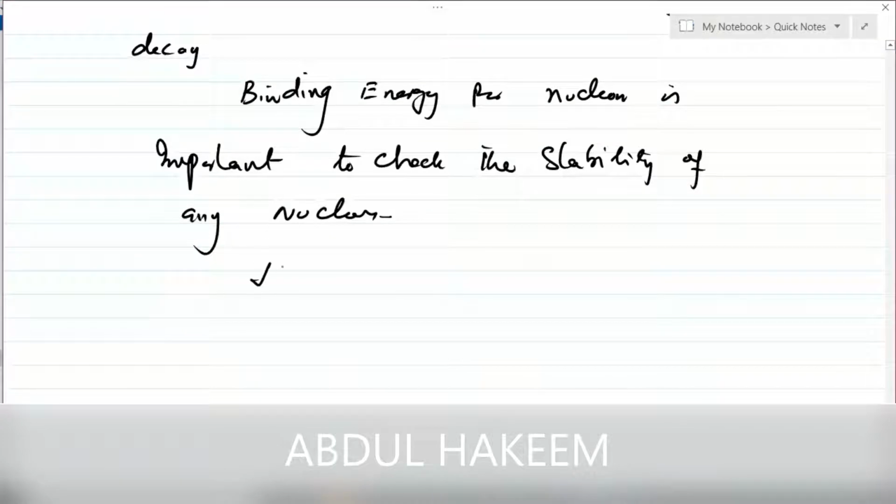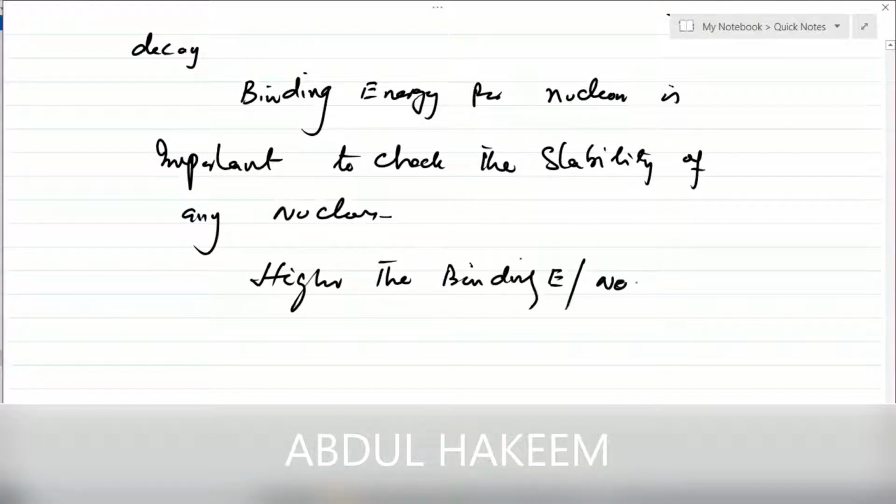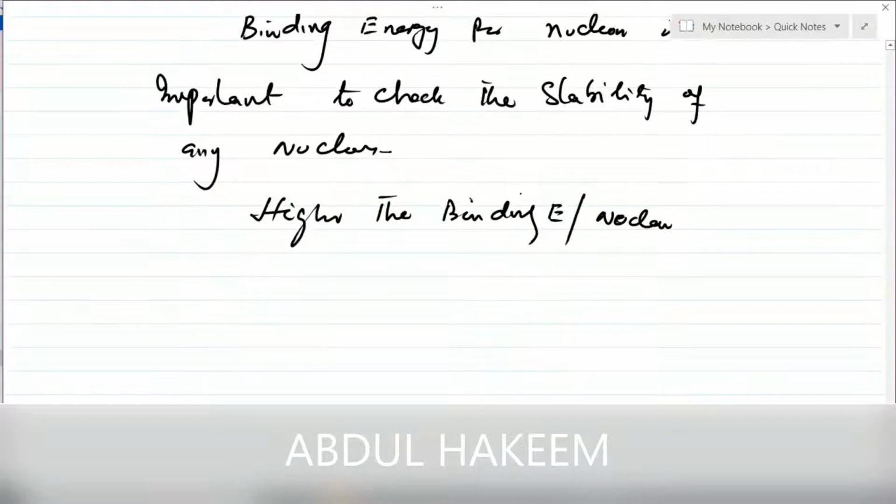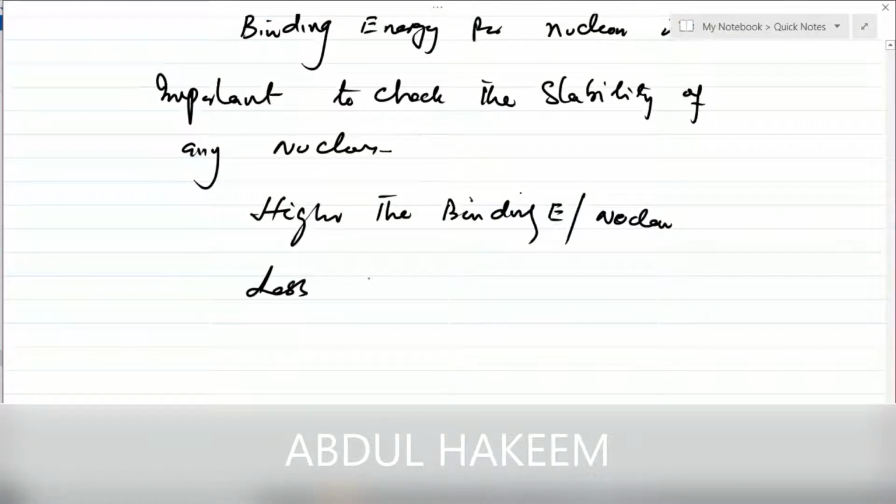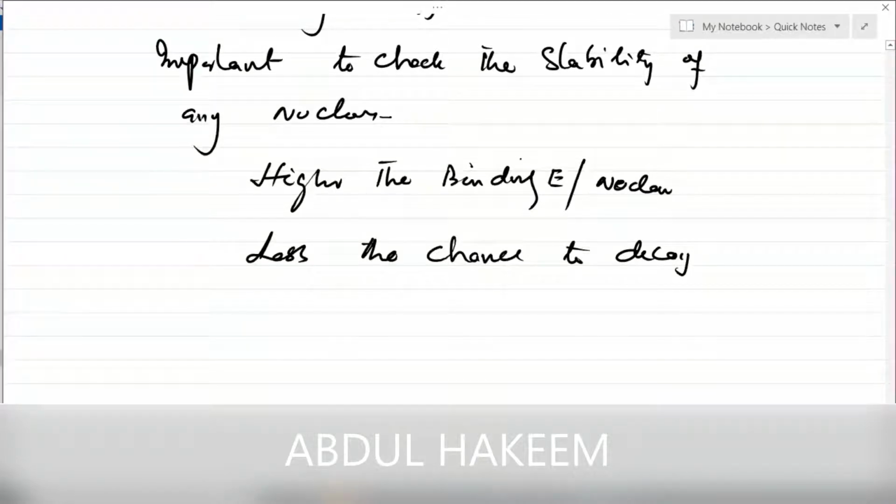Higher the binding energy per nucleon, less the chance to decay. So stability of any nucleus does not depend on the total binding energy. It depends only on the binding energy per nucleon.